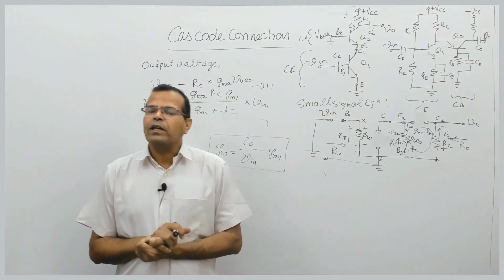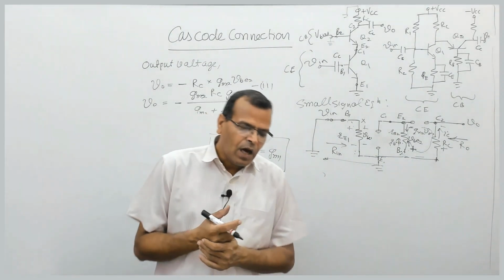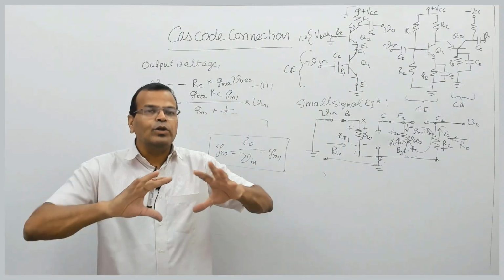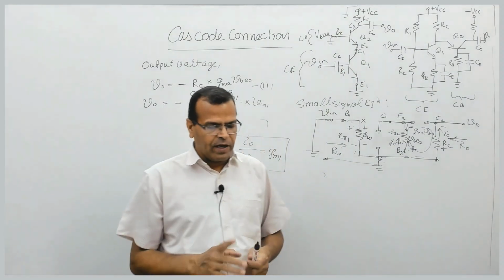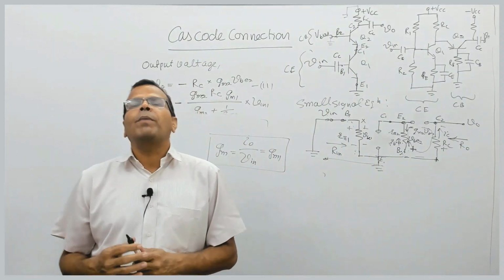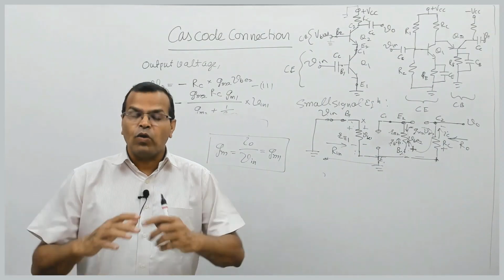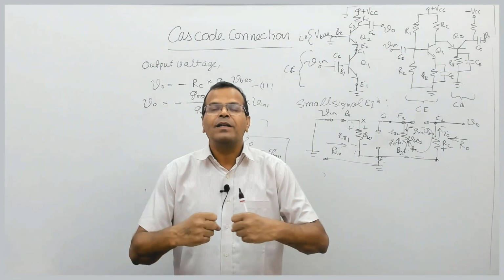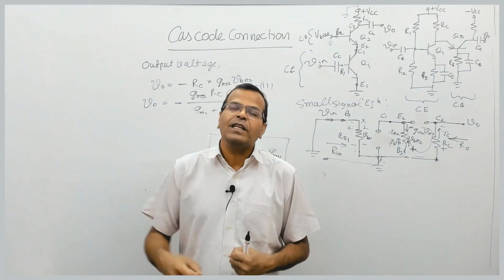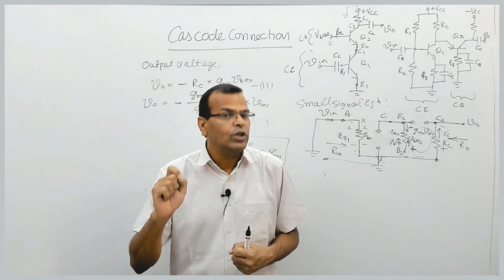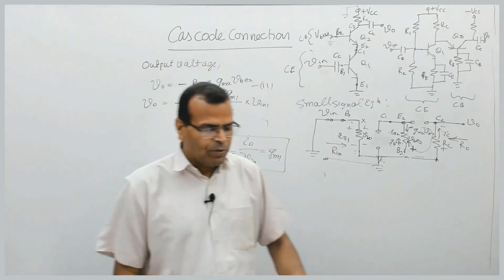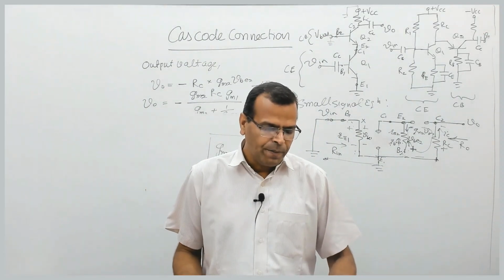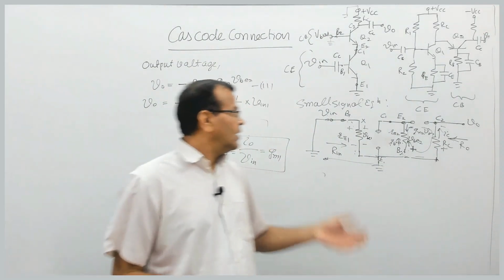And the last point, the 5th point, is that the cascode amplifier is used as a video amplifier. So it is used to amplify video signals over a wide range of frequencies. So these are some of the points you should remember about the cascode connection.